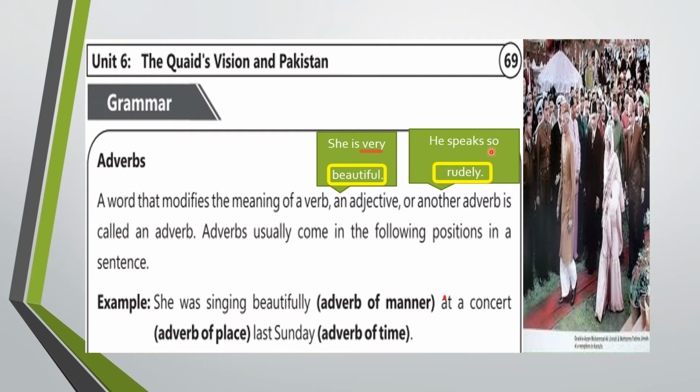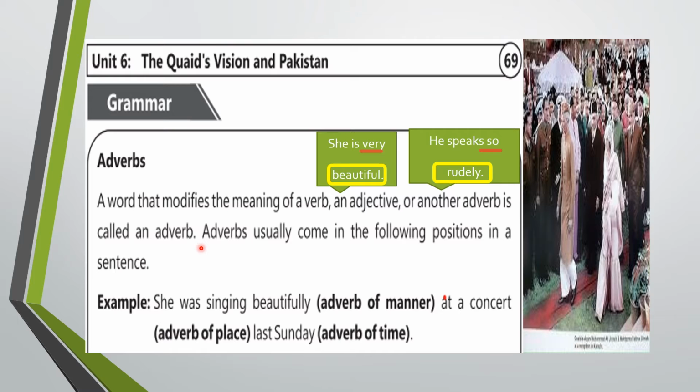And what is the function of so here? Yes, it is intensifying or modifying or adding to the meaning of word rudely, an adverb. So this so is an adverb which is modifying rudely.